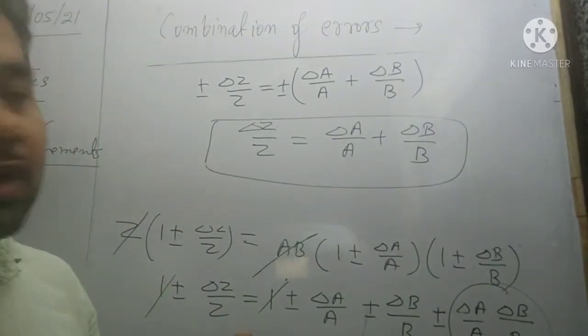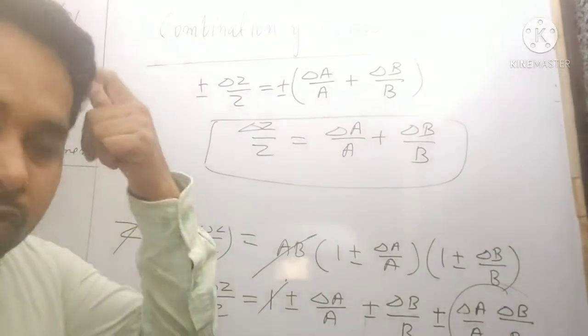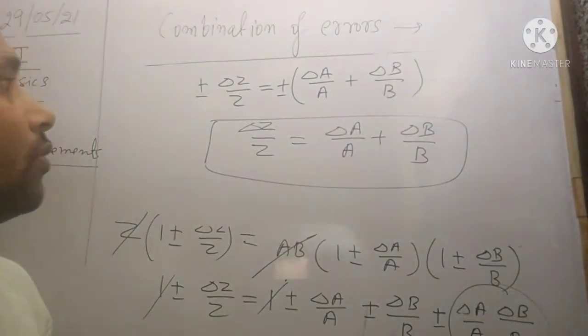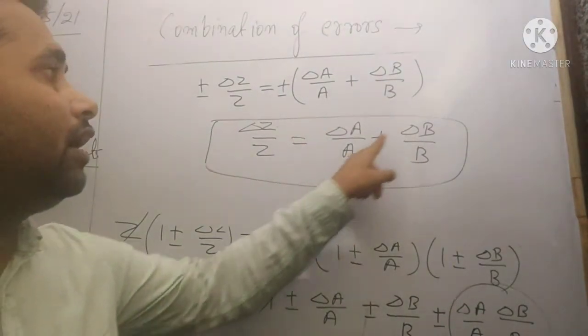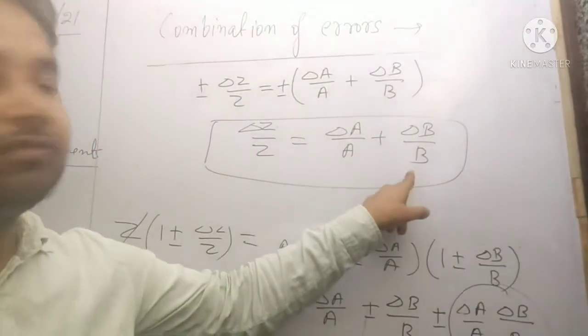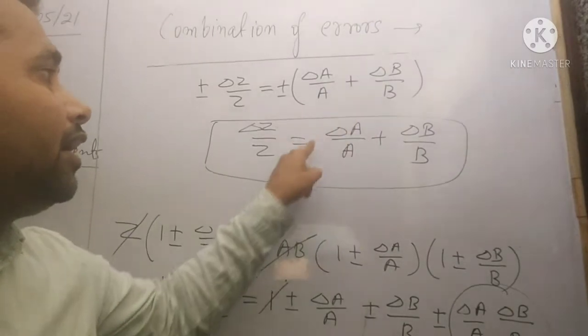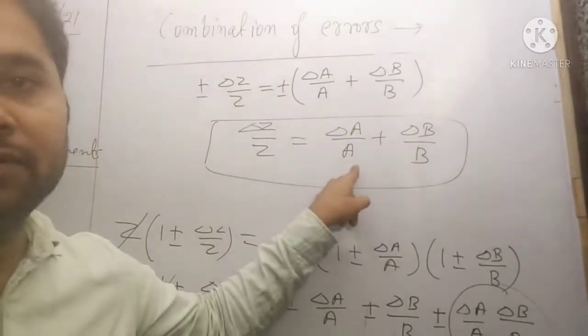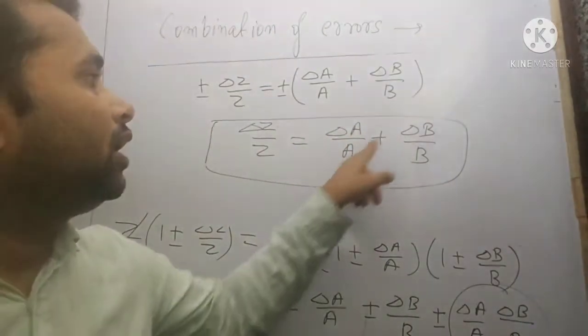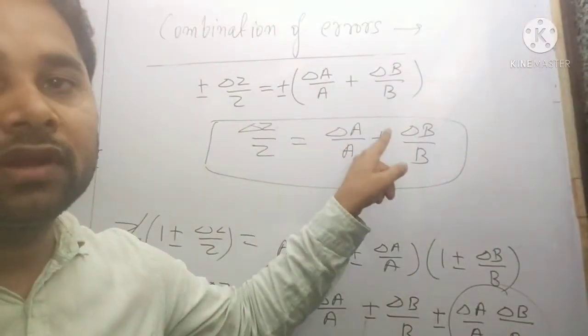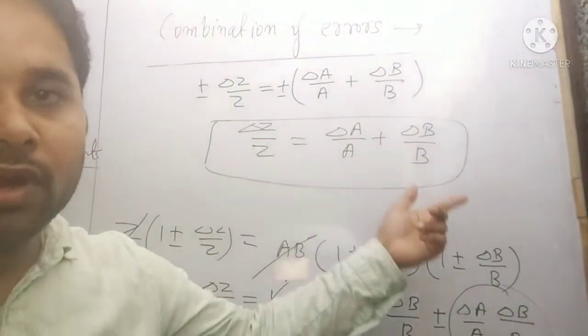When we are getting the product of two quantities a and b, and their relative errors are delta a by a and delta b by b. लिख लेना, delta a by a is the relative error. This is the relative error in first quantity. Delta b by b is called relative error in the second quantity.